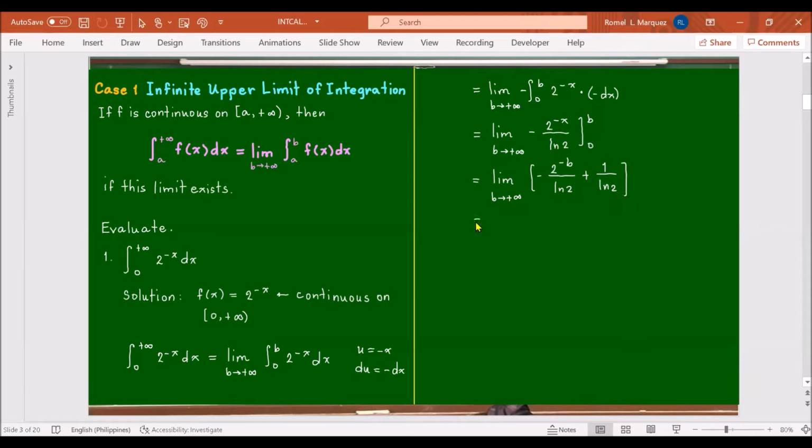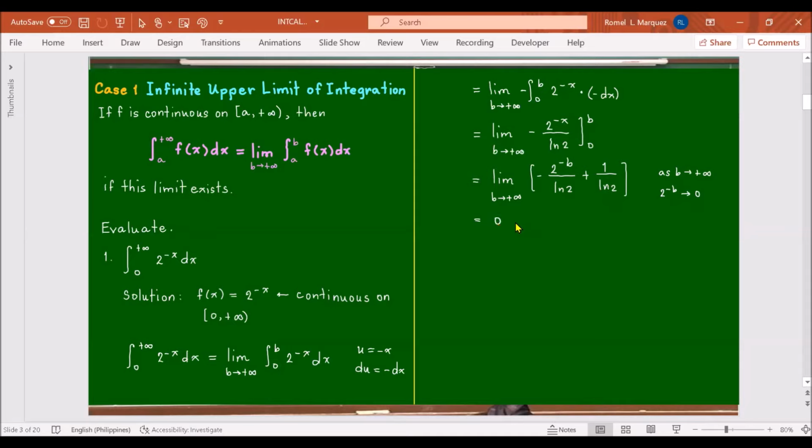So this time, we're going to evaluate the limit as b approaches positive infinity. For the first term, as b approaches positive infinity, 2 to the negative b approaches 0. Okay? And for the second term, since it is constant, its limit is simply 1 over ln 2.